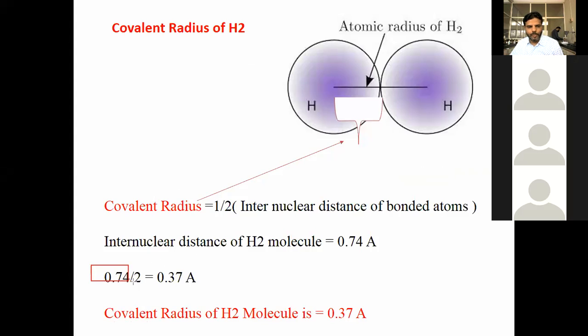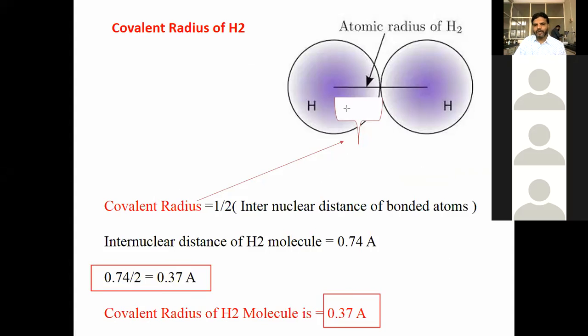That is 0.37. So 0.37 is nothing but the covalent radius of the H2 molecule. This is the definition of covalent radius. You can easily explain it by taking the example of the H2 molecule.